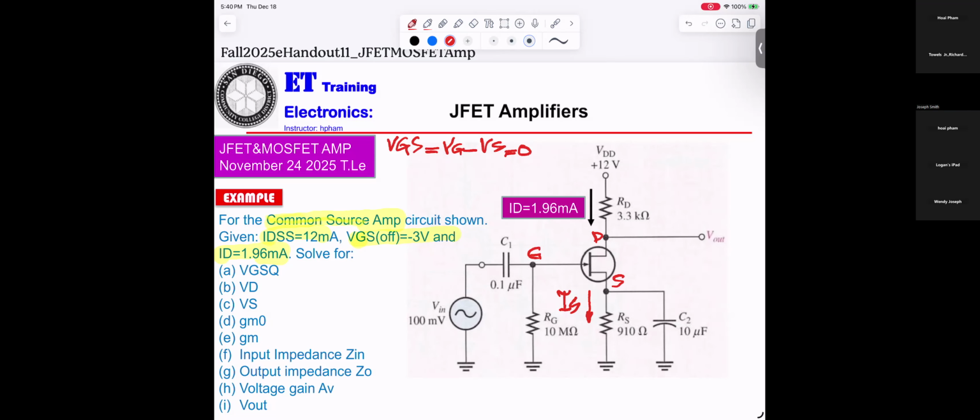They connect it to the ground. Minus VS. VS means IS times RS.